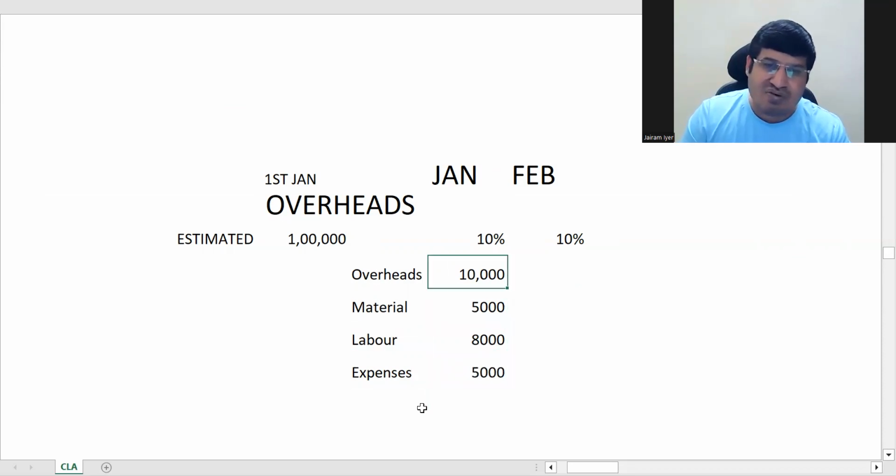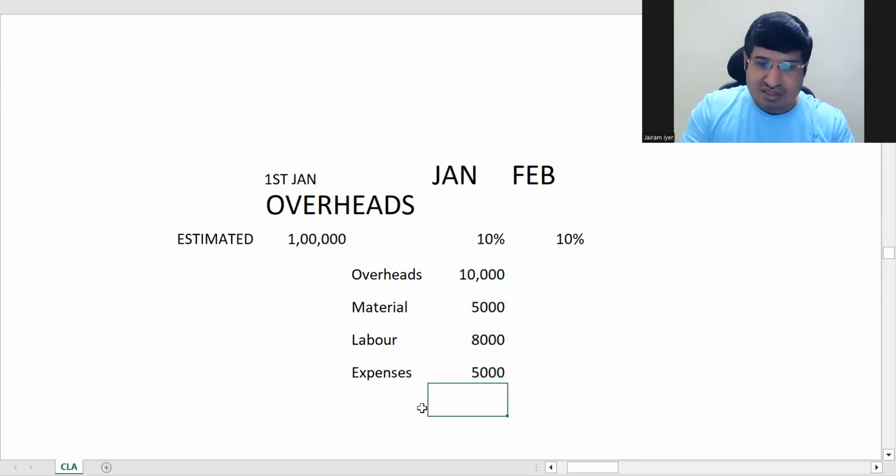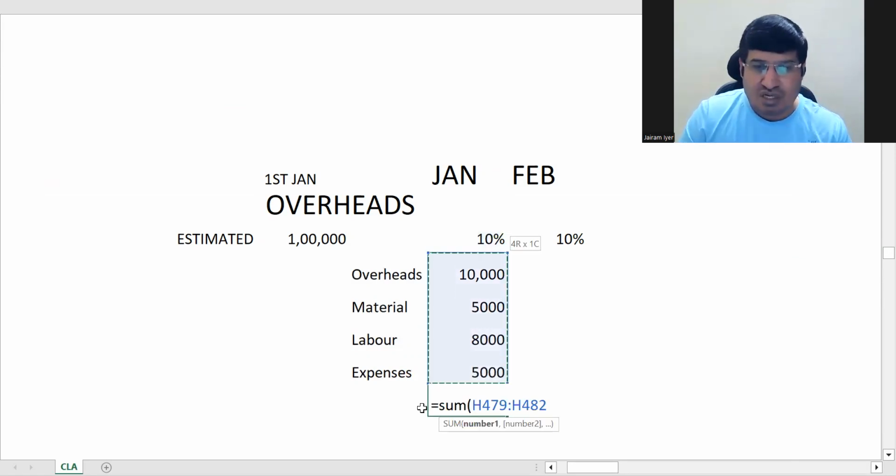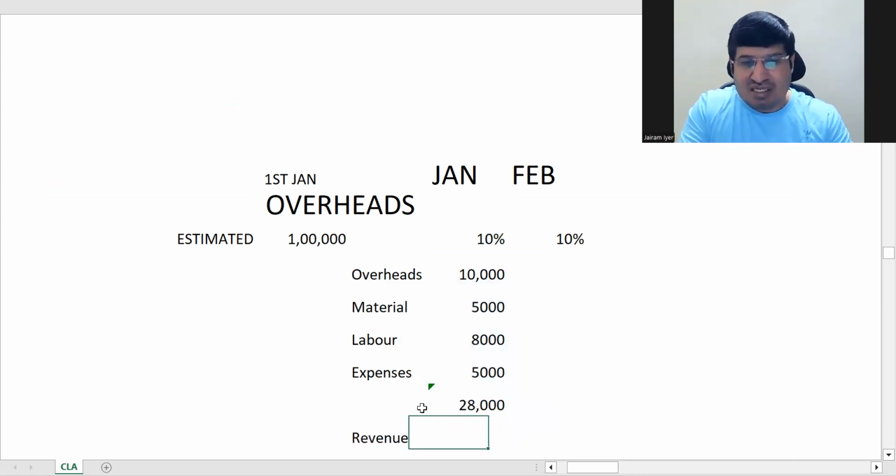So now I know that these are my costs, and if I find out the total of it, it is 28,000. And my revenue from the customer is say 40,000.